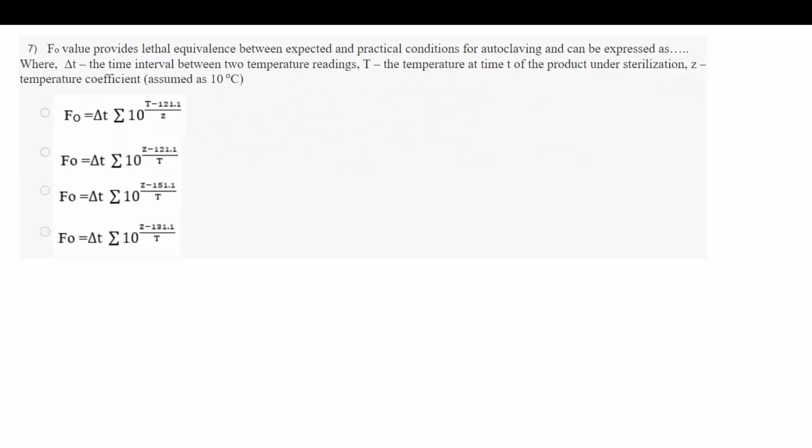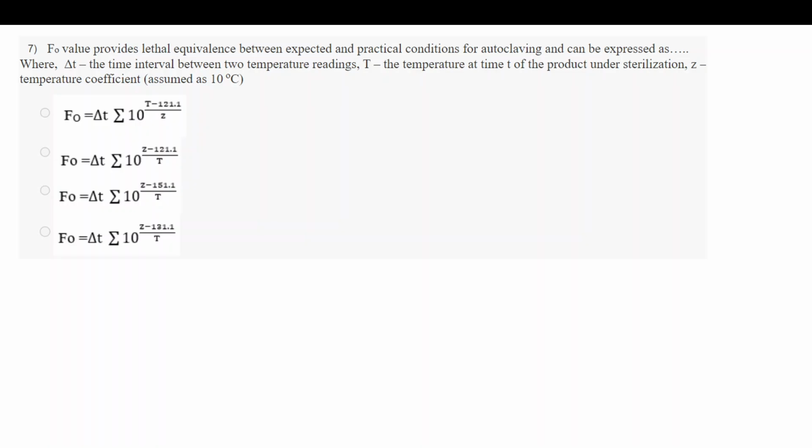Now, F0 value: it provides the lethal equivalence between expected and practical conditions for autoclaving and can be expressed as dash. So it is nothing but a parameter which gives you the estimate of expected lethal equivalence and what is existing.